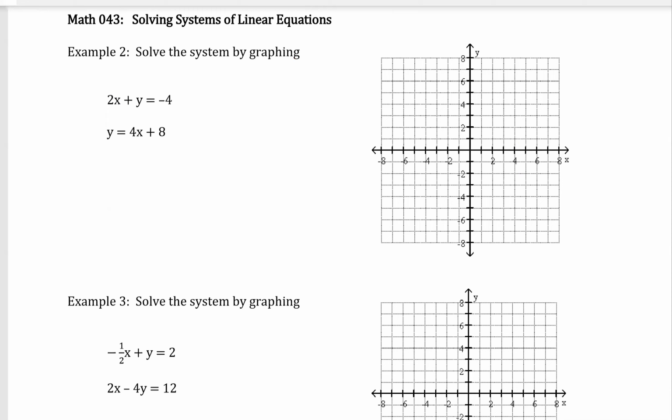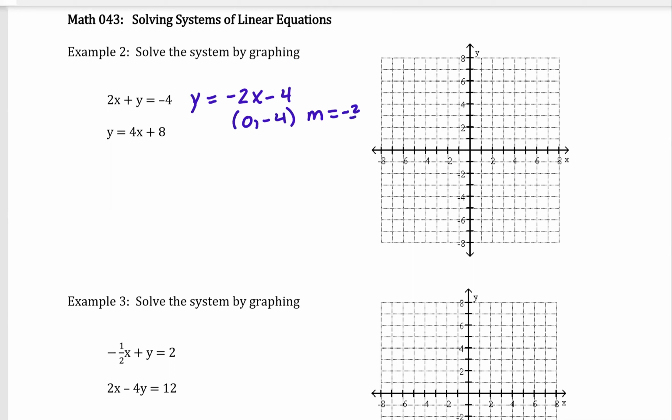Example number 2. Graph each of these lines. So the first one I'm going to solve for y. I'm going to put it in slope-intercept form. So I know the y-intercept is (0, -4).